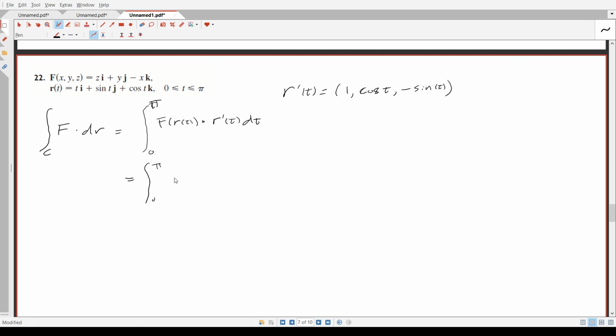So z is going to be cosine of t times 1, right? So I'm doing F of the, let me just write this out. So that's the x component. This is going to be sine, that's the y component, and the z component is negative t.